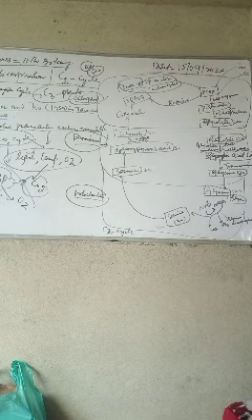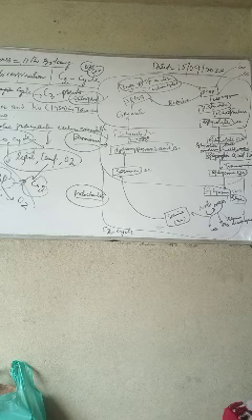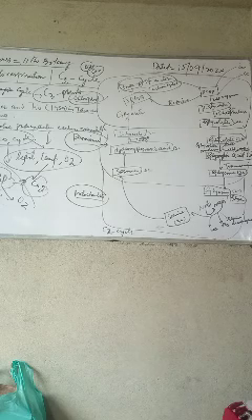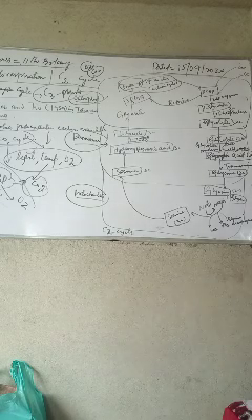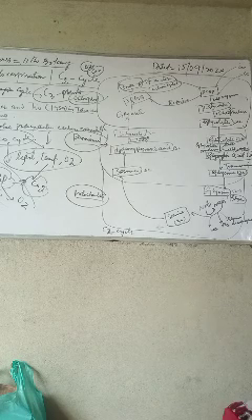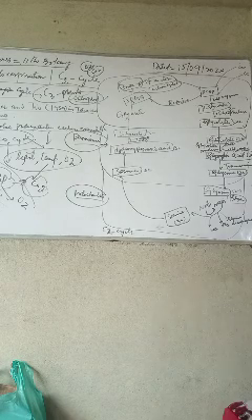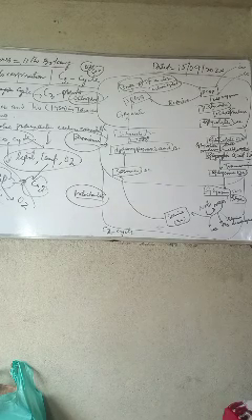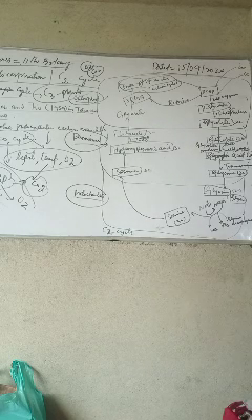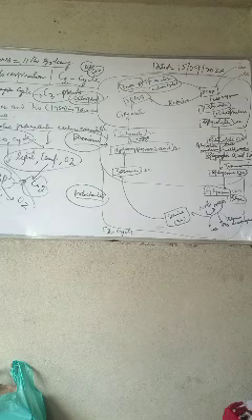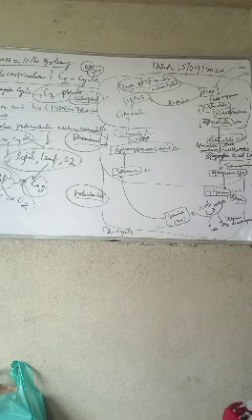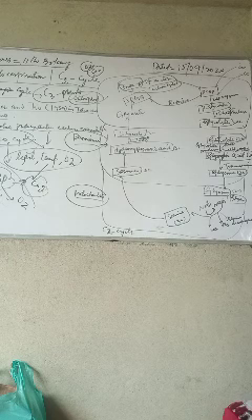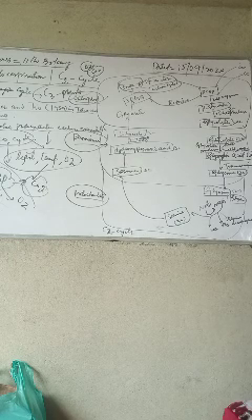This glycolate then moves out of the chloroplast and enters the peroxisomes. In the peroxisome, this glycolate, with the help of the enzyme glycolate oxidase, undergoes oxidation and produces peroxide and glyoxylic acid. This peroxide, with the help of catalase, produces water and oxygen.